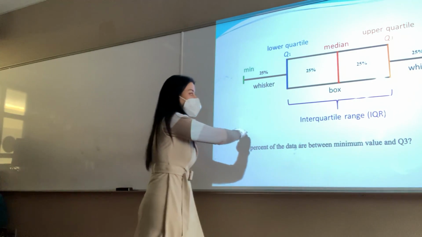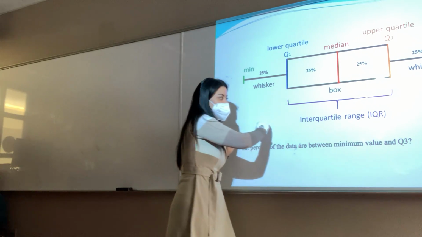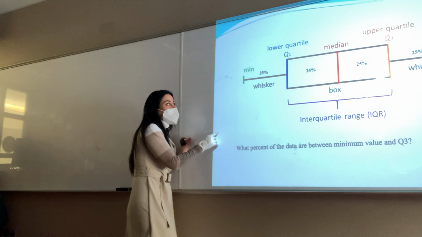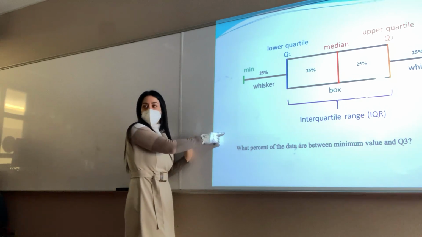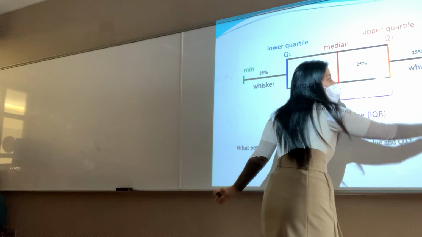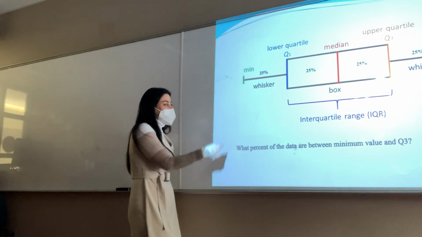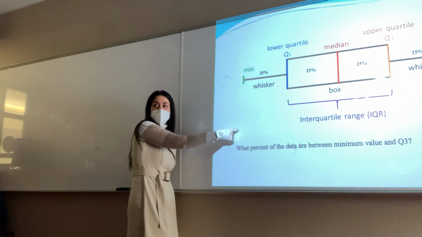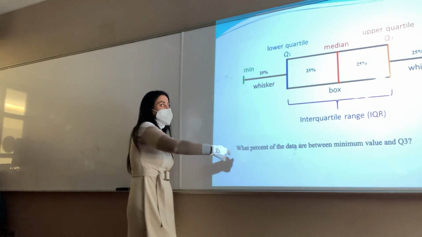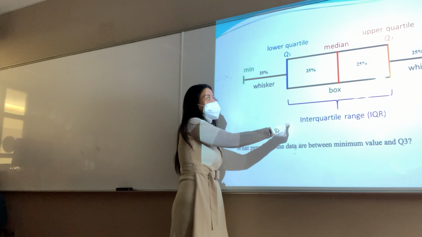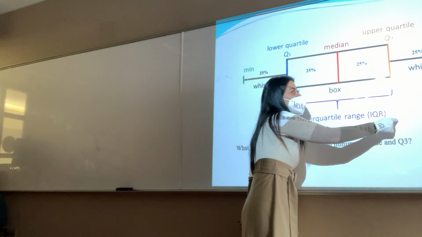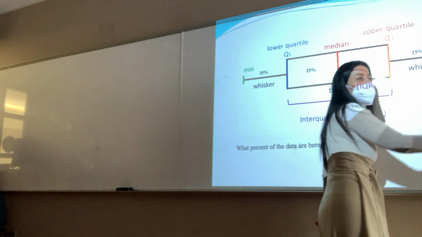So imagine you have an x-axis that orders all the data, like students' heights, from the minimum to the maximum, right? Then this will be the minimum height on the x-axis. This point on the x-axis will be Q1. This point will be the median. This point will be Q3. And this point will be the maximum.